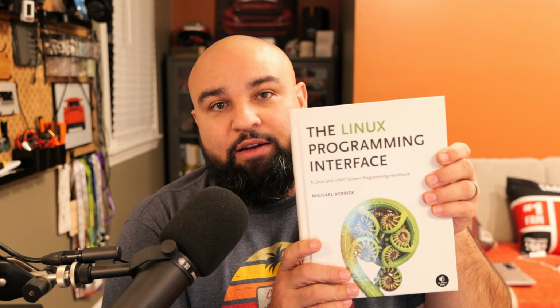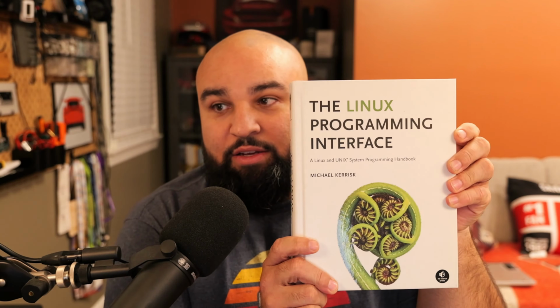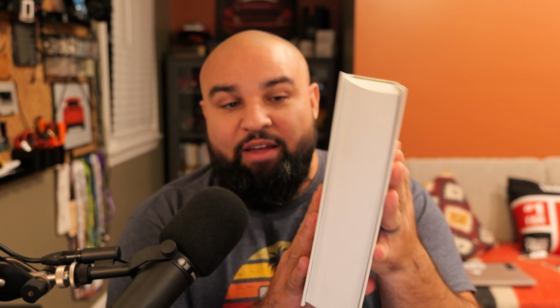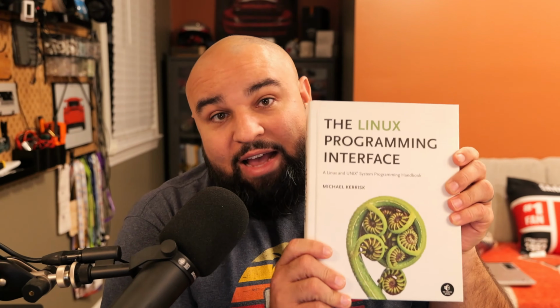I read this Linux Programming Interface book from cover to cover. It's massive. Look at this thing. It's like what, 1,500 pages or whatever? Yeah, 1,300, 1,400 pages. I read this thing from cover to cover. I didn't really know all of what this is talking about. I still don't, right? I'm not a systems programmer by day. I'm more of an upstack programmer, at that API level. But this book was fantastic.